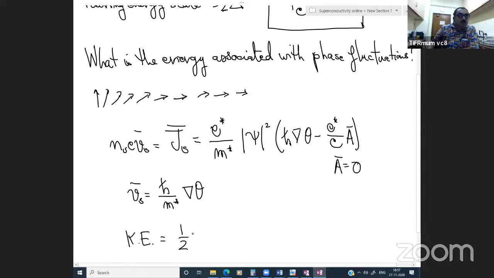Okay, let me write, then we'll see. Half phi naught square, then m star Vs square. Okay, then this I know: if I define my Ns as the electron density in the superfluid as opposed to the Cooper pair density, then I will have Ns by 2.